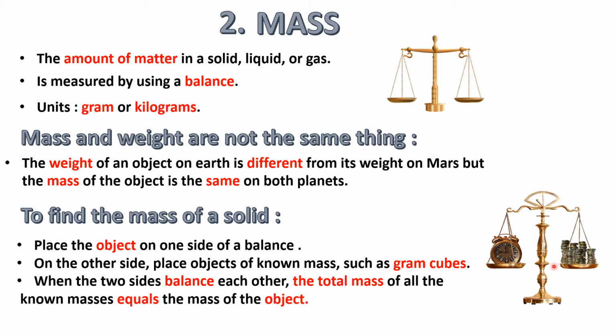On the other side, place objects of known mass such as gram cubes. When the two sides balance each other, the total of all the known masses equals the mass of the object.